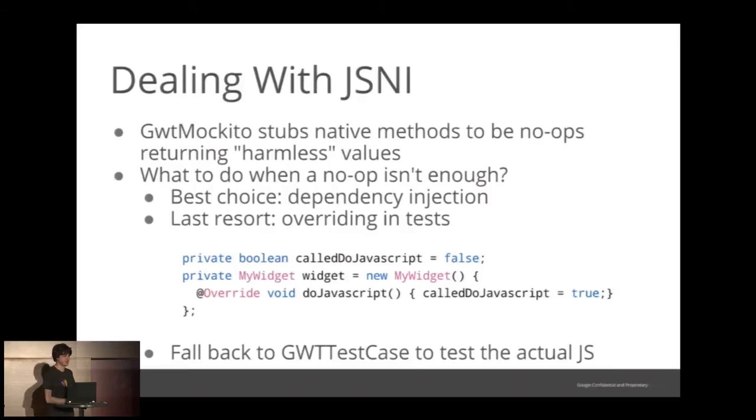In that case, the better thing to do is to test 99% of your widget using normal fast Java tests, and then rely on GWT.TestCase just to test that one little bit of difficult JavaScript code. That way you can get the full benefits of quick, easy tests for almost all of your application, and use the slower GWT test cases only when it's really necessary.